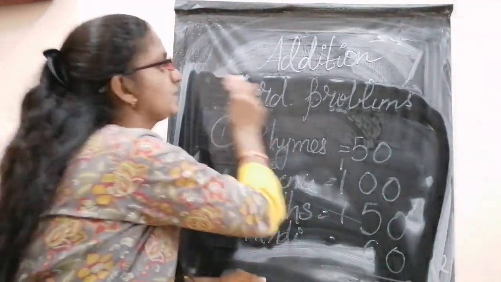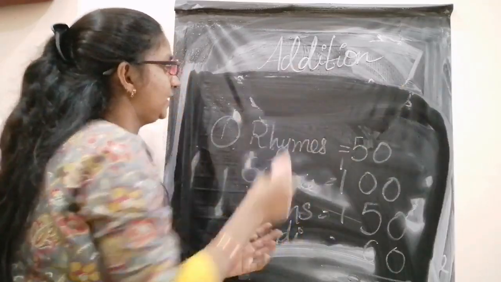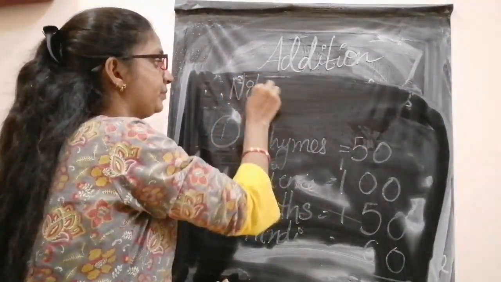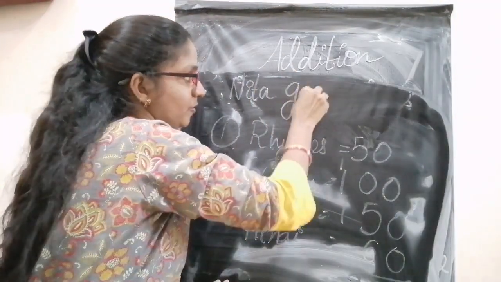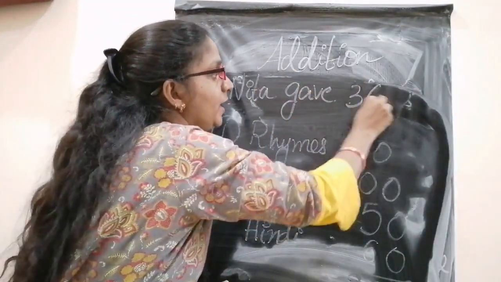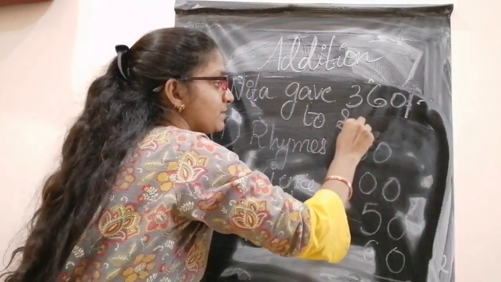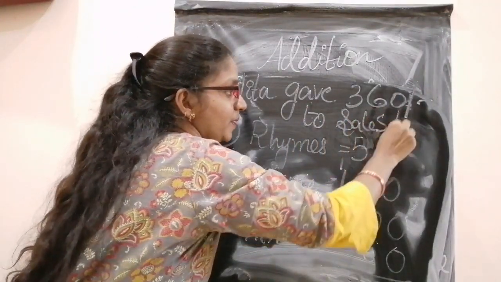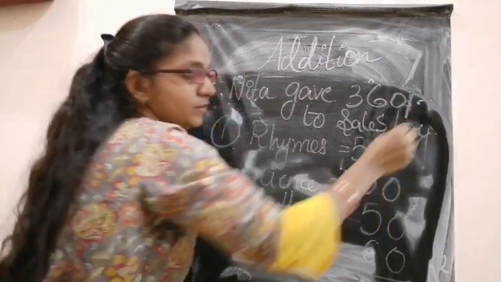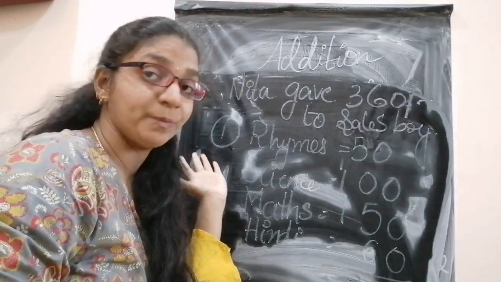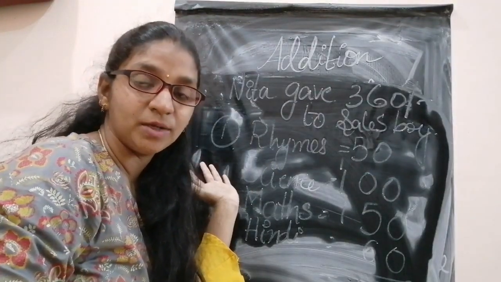Finally, what will be the last sentence? Therefore, Nita gave 360 rupees to the salesboy. Understood? The given information should be written first while doing a word problem.